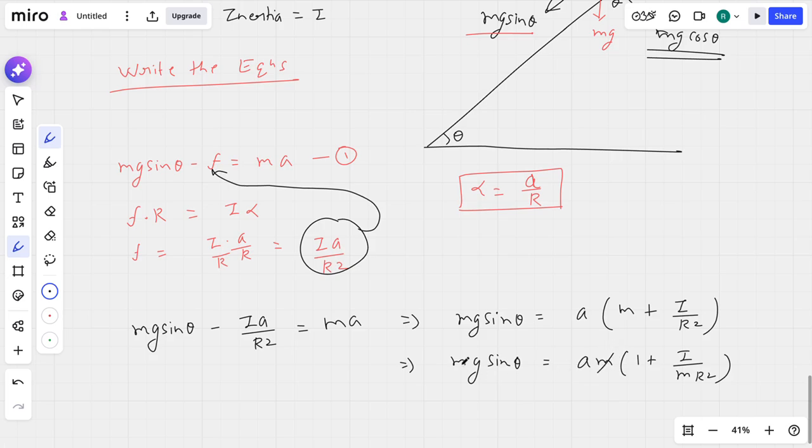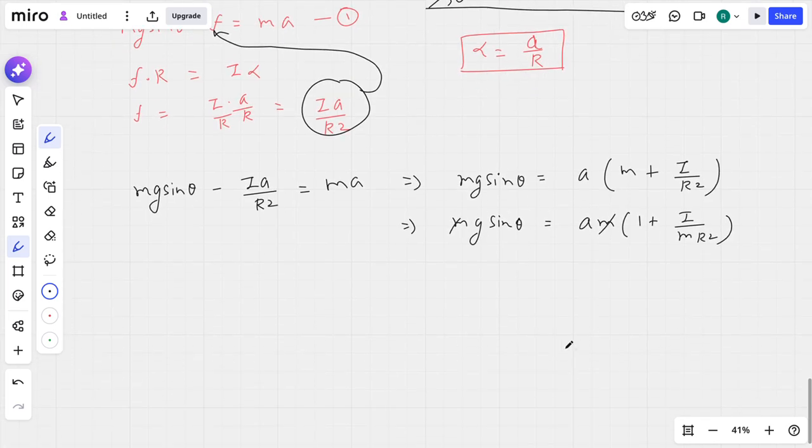So m and m cancel out. Our acceleration comes as A equals g sin theta by 1 plus I by mR square.